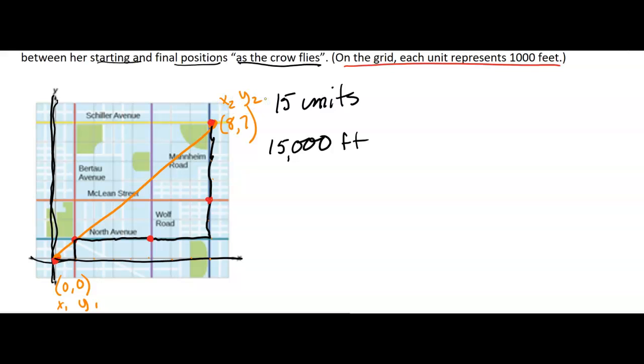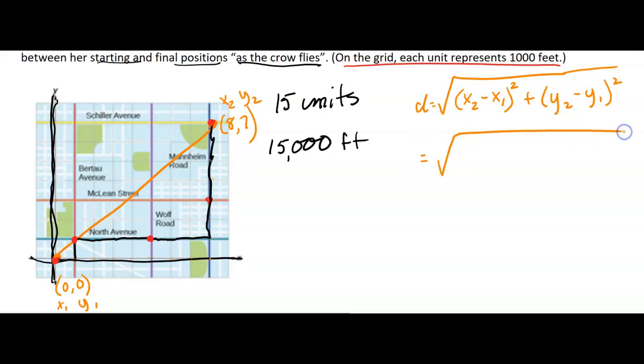Okay, so for the distance, grab my distance formula. If you keep writing the distance formula, you'll remember it, but you get a page of notes for the exam, so you could put the distance formula on there. Okay. And so I get the square root of 8 minus 0 squared plus 7 minus 0 squared.